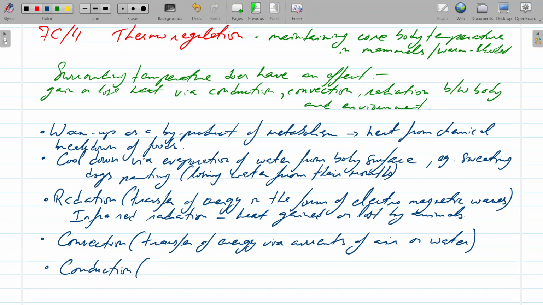And that is the transfer of heat by the collision of molecules. This happens when, for example, you are in contact with the ground or water, not so much the air because air does not conduct well.